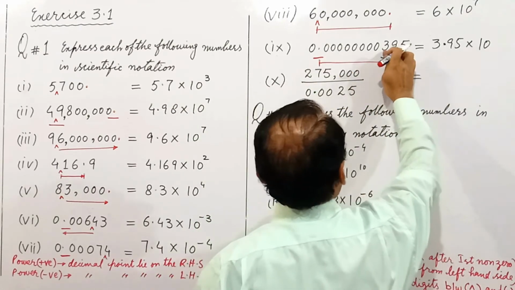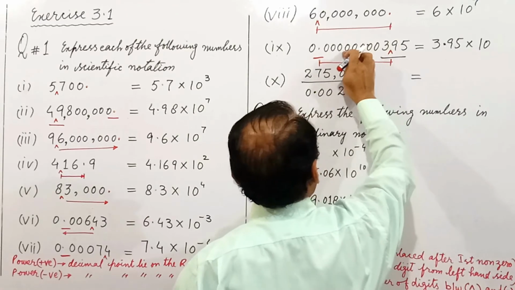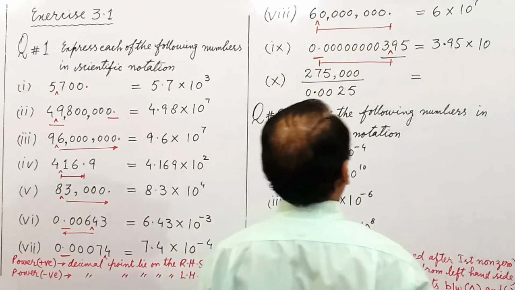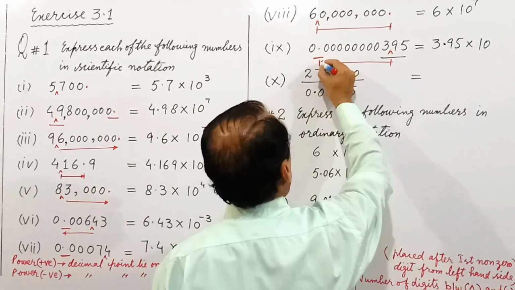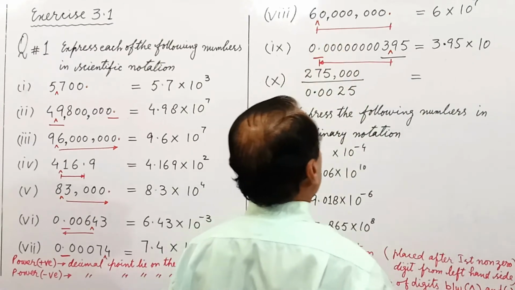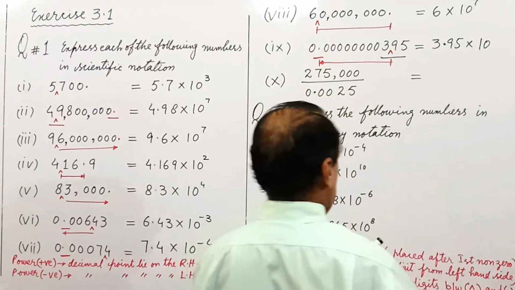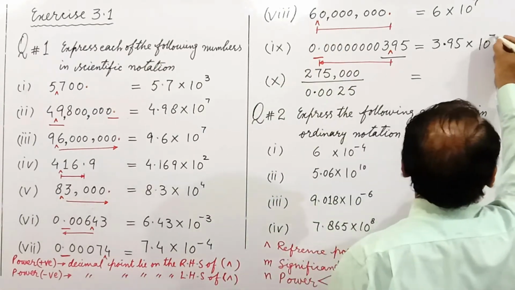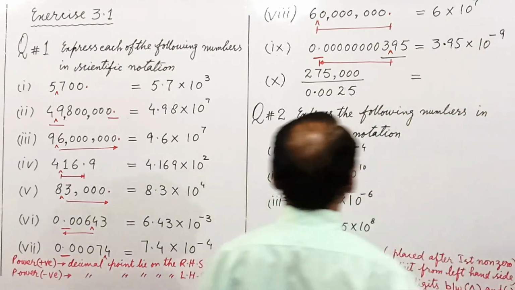The number of digits is 1, 2, 3, 4, 5, 6, 7, 8, 9. So the power will be negative. Why? Because the decimal point was originally located on the left hand side of the reference position. So the power will be minus 9.